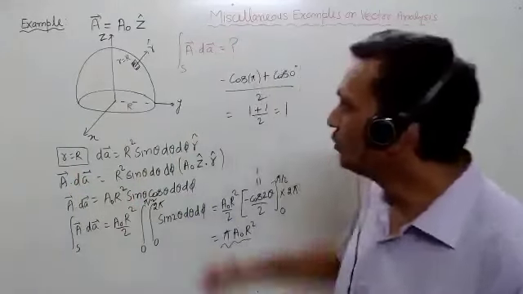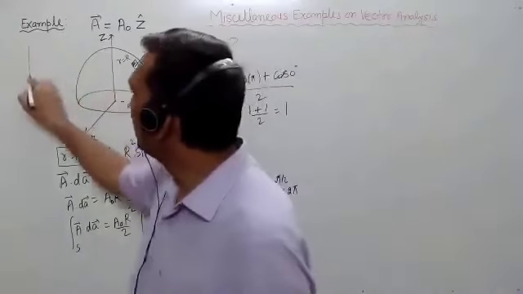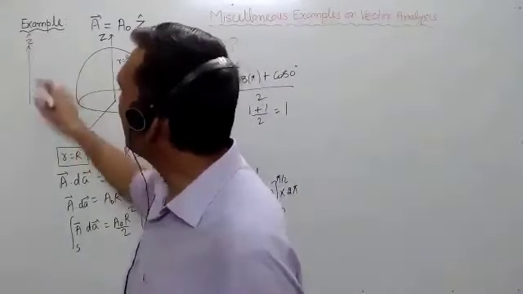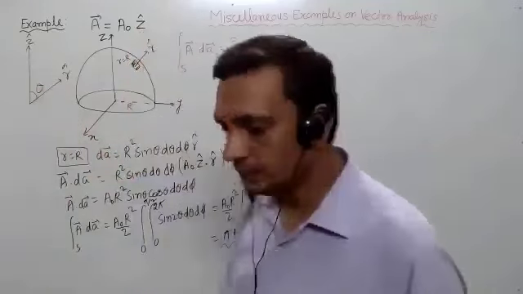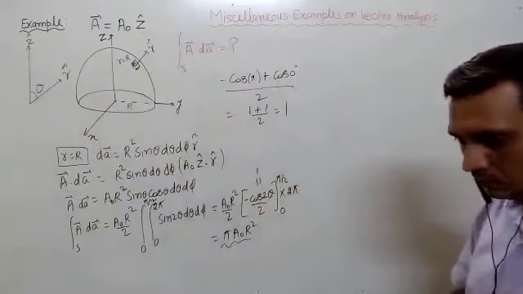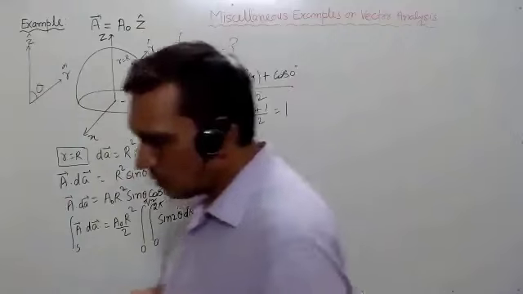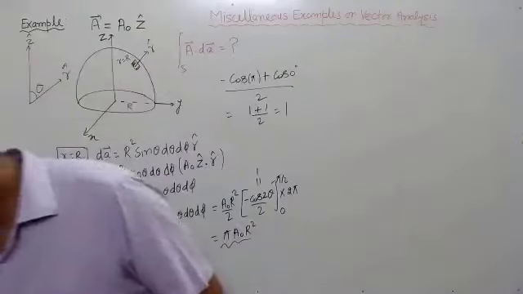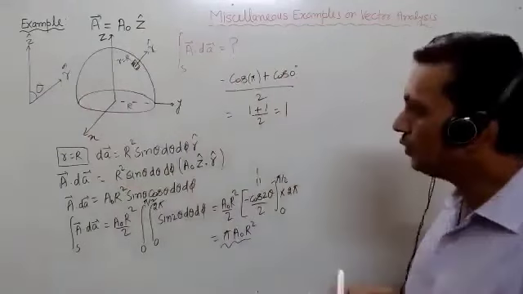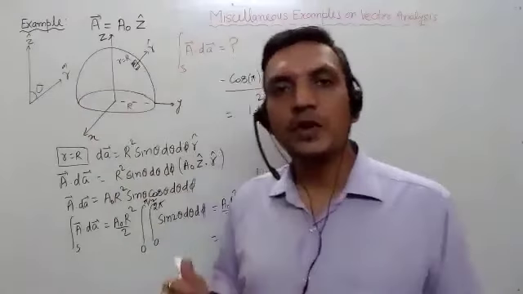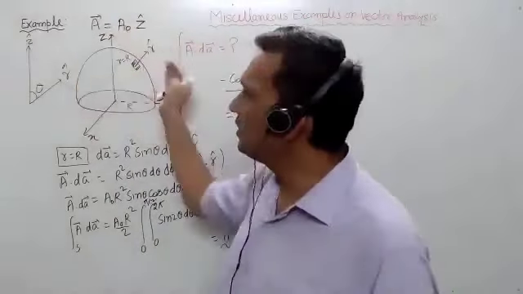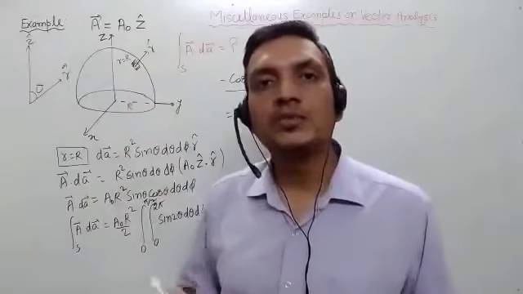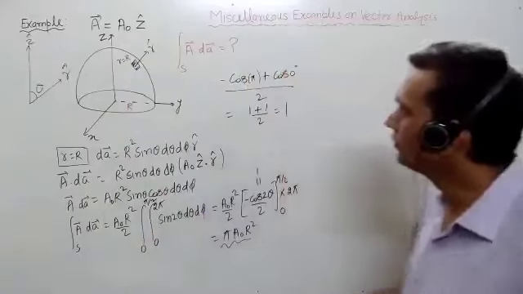The simplest is z cap dot r cap, because the angle between z cap and r cap is theta. You can check. So again, when the vector is given in Cartesian and the symmetry of the surface is spherical, use spherical polar coordinates.